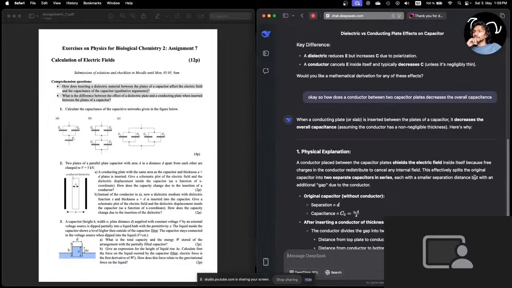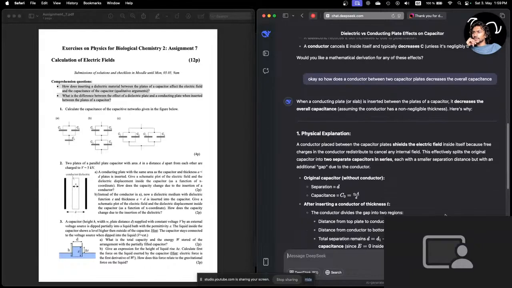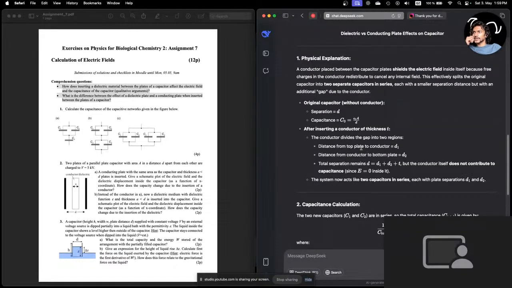This effectively splits the original capacitor into two separate capacitors, each with smaller separation distance, with an additional gap due to the conductor. The original capacitor without conductor has separation d and capacitance C. After inserting the conductor of thickness t, the conductor divides the gap between two regions.